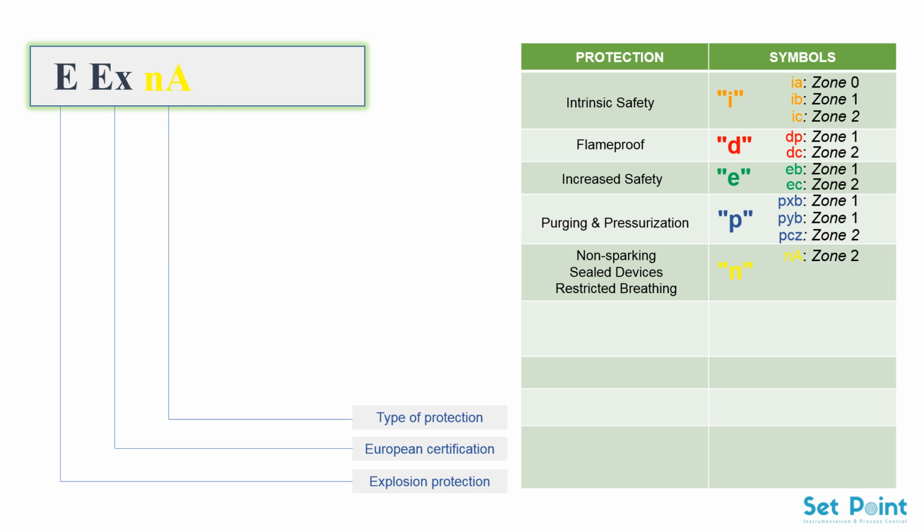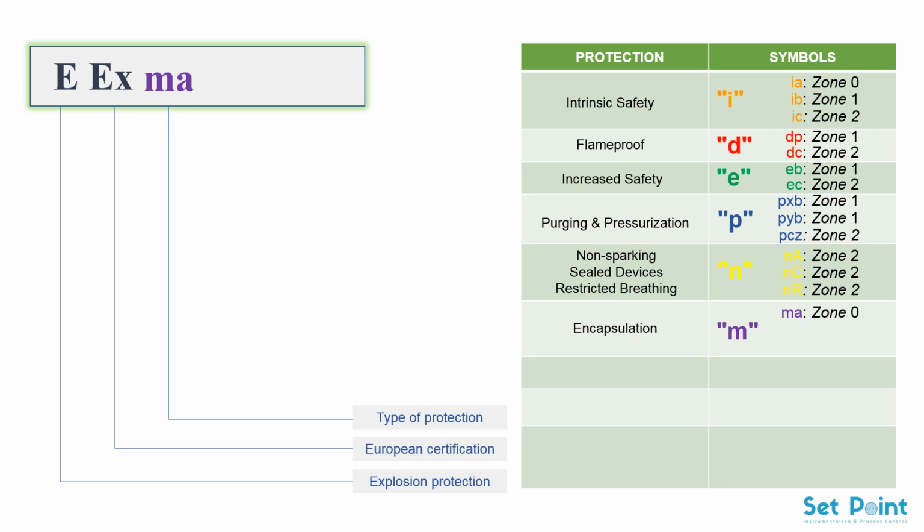NA is known as non-sparking. NC is known as sealing. And NR refers to a restricted breathing enclosure. M means that encapsulation is used as the protection technique.